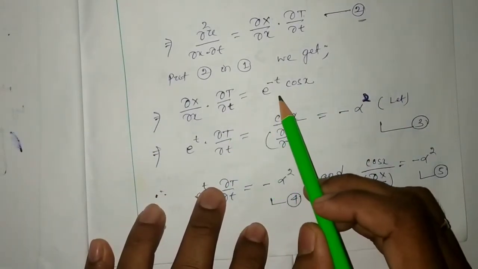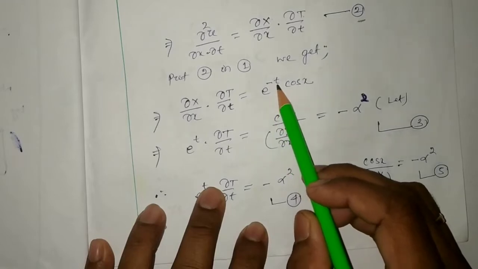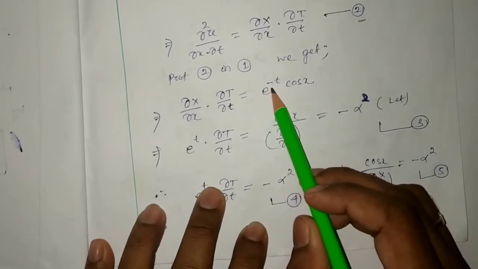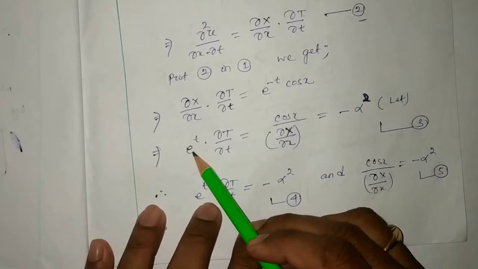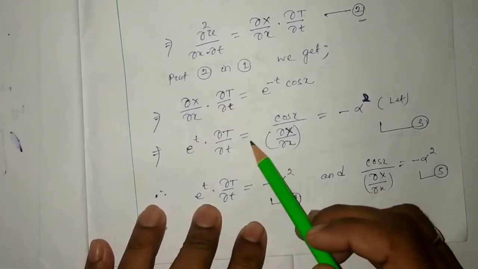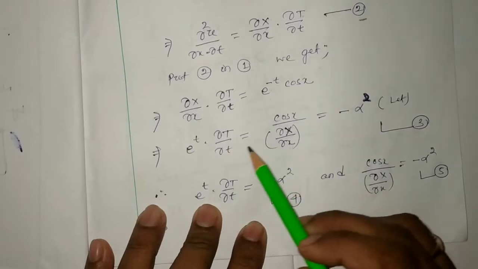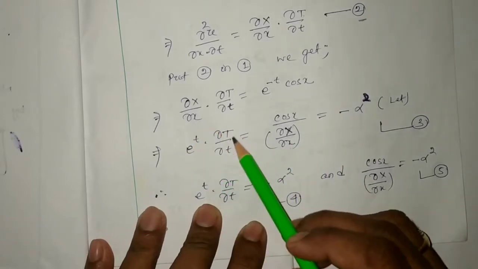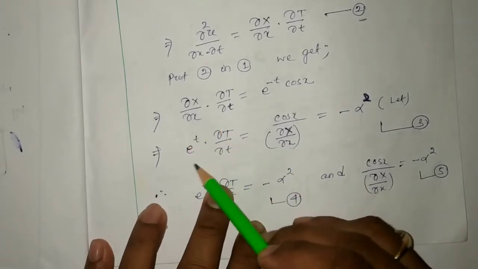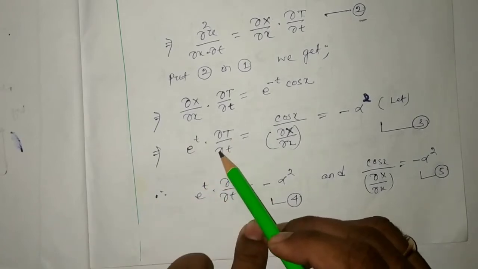Here e to the power minus t is moved to the left side. It will be e to the power t dT by dt equal to cos x by dX by dx.